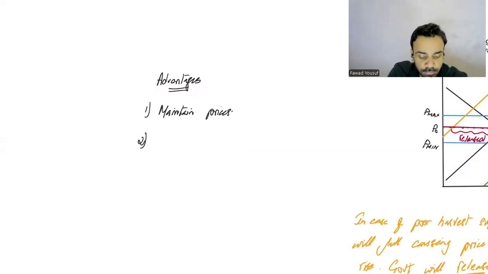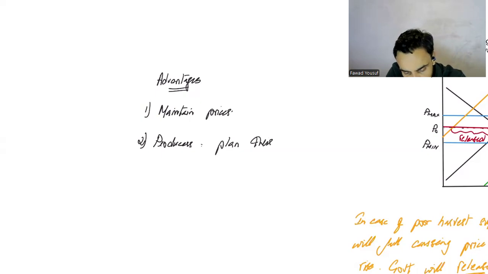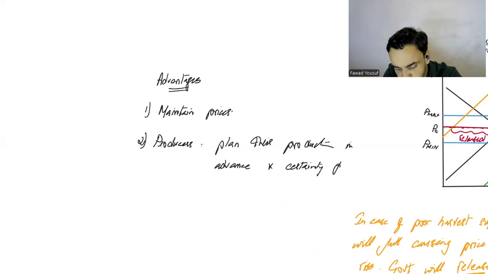If we think from the producer's point of view, the advantages are that producers can plan their production in advance, and it sort of creates a little certainty for their incomes.